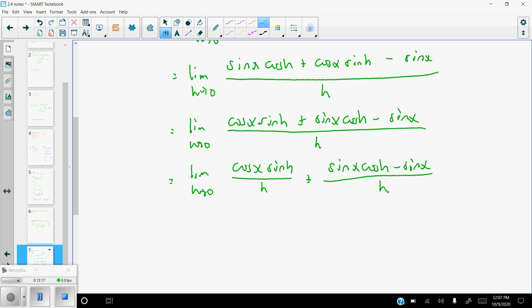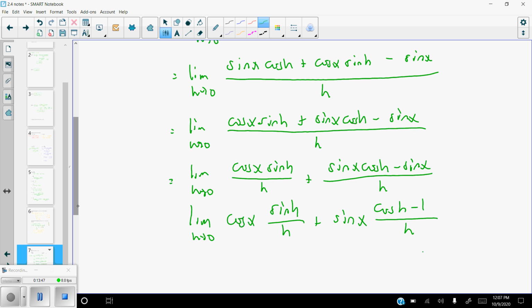So technically, I can pull that cosine of x off to the side and just have sine of h over h, still multiplied. In the second one, I can factor out a sine of x on the numerator. If I pull that sine of x off to the side, what that leaves me with is cosine of h minus 1 over h.